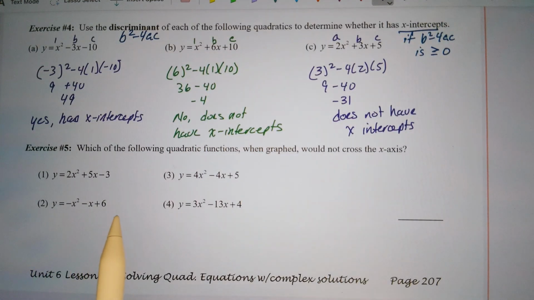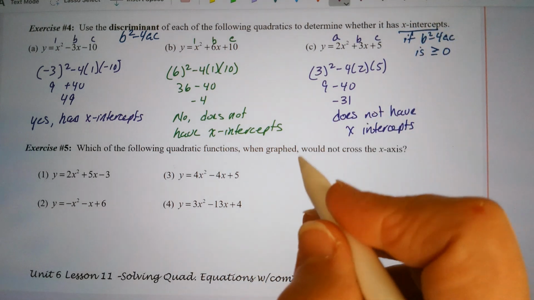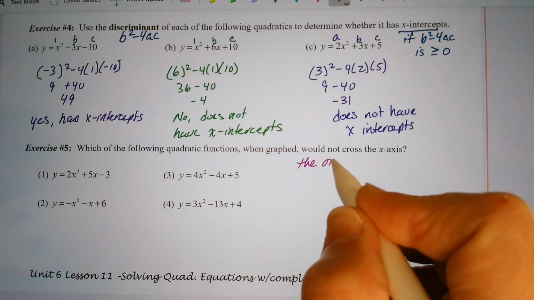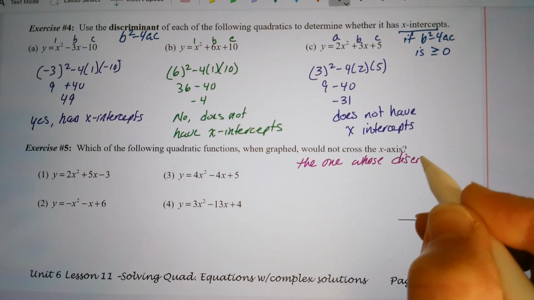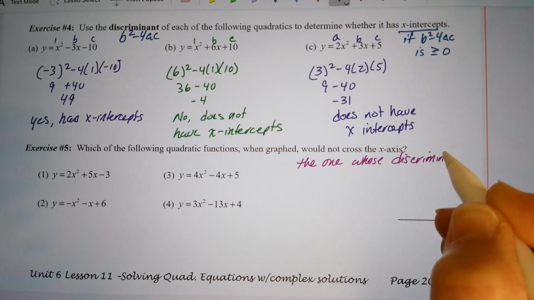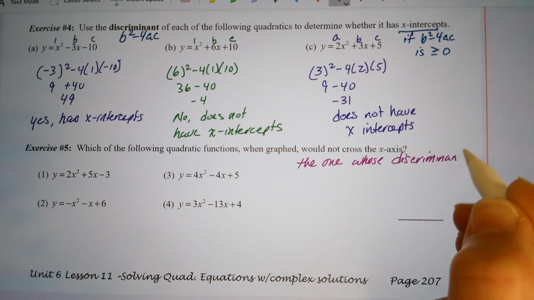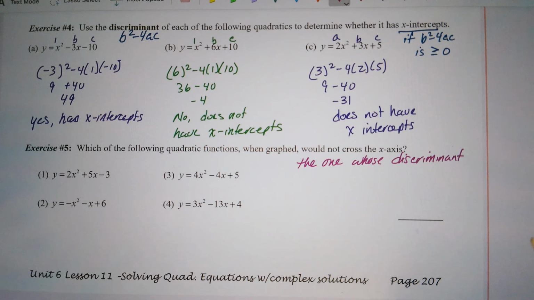And lastly, which of the following quadratic functions, when graphed, would not cross the x-axis? Well, the one whose discriminant is negative.